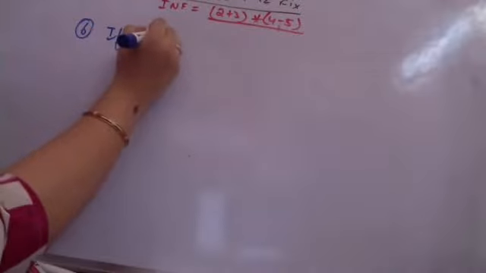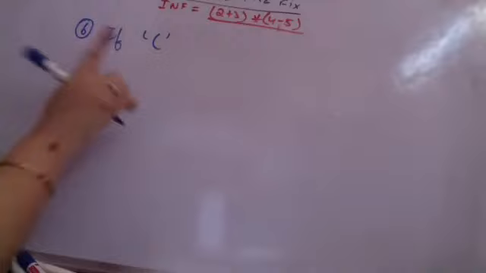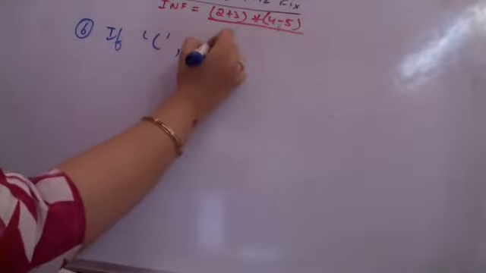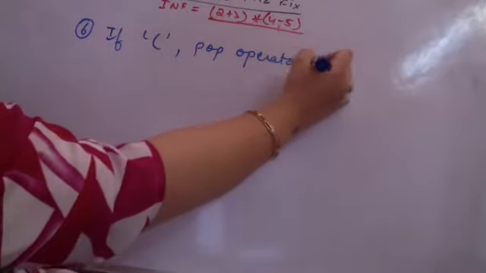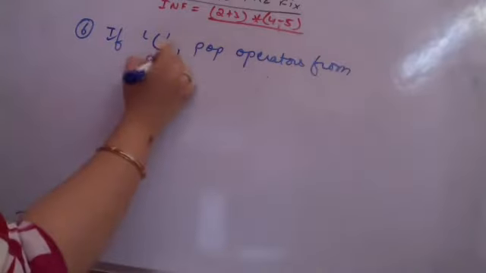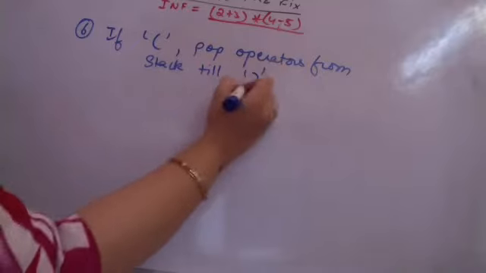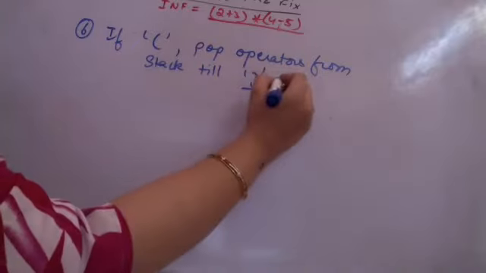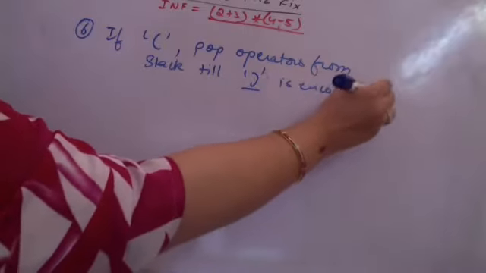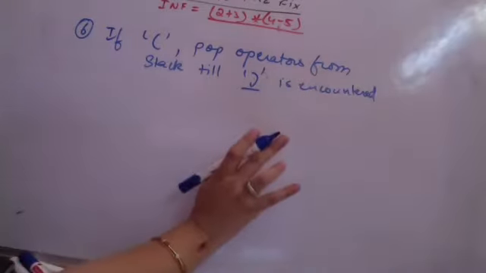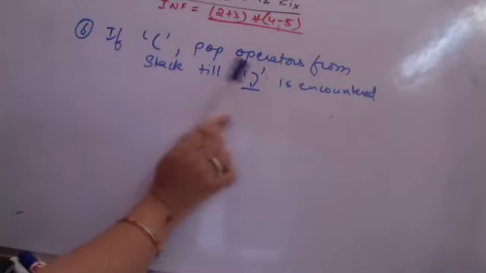In case an opening parenthesis is encountered, pop the operators from the stack till a closing parenthesis is encountered. It is the same thing that we do for conversion from infix to postfix. There, when a closing parenthesis comes, we pop everything till the opening parenthesis.